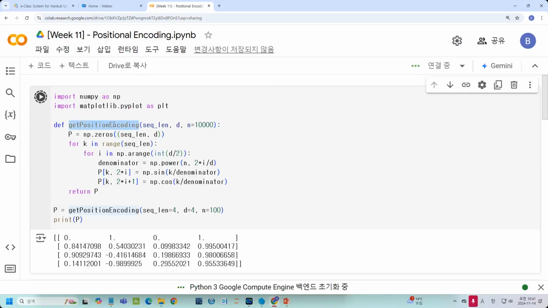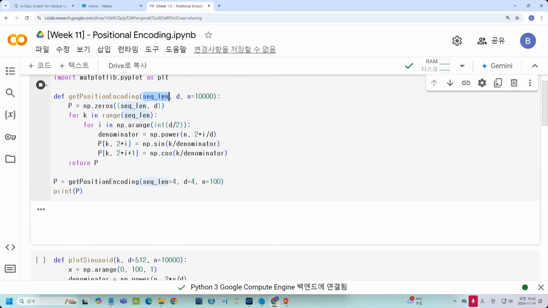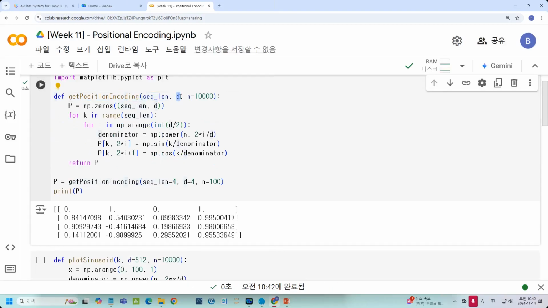It is based on the sequence length, then d, and then n, which you can define. At first, we create zeros for all positions, then we repeat until we reach the length.